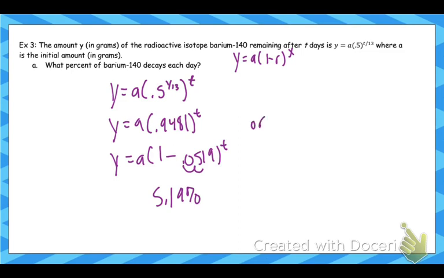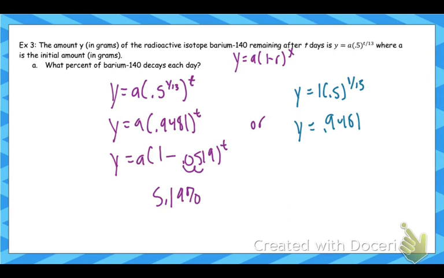The other option that you could do to solve this is you could actually think, hey, if I started with 1 gram, and I want to see how much is left after 1 day, well, let's just plug in 1 there and see what happens. If I do that, I'm going to get a very similar looking answer. I'm going to get that y is equal to 0.9481.